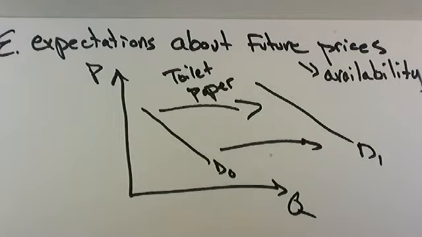And then, of course, the hilarious thing about these things is they become self-fulfilling, right? The more that people panic about it, and the more that people go and stock up, the more there are pictures of empty shelves of toilet paper, and then the more people are going, oh man, maybe I need to go to the store and get extra toilet paper, right? And so it became this whole spiral of activity. And so these expectations about future prices and availability tend to have quite a sway over demand.